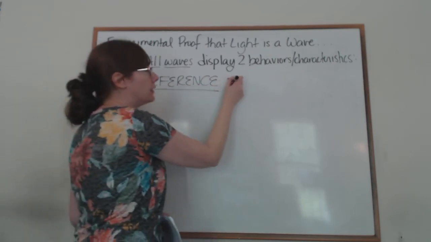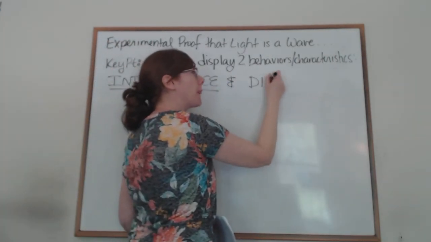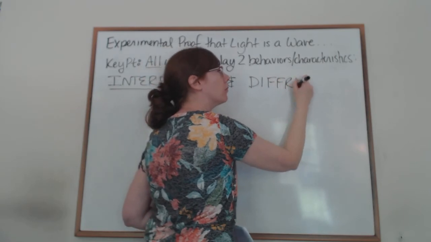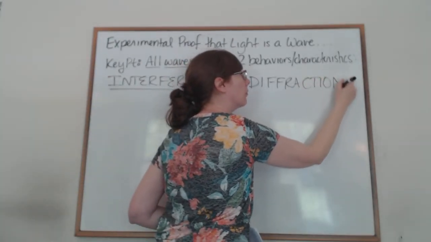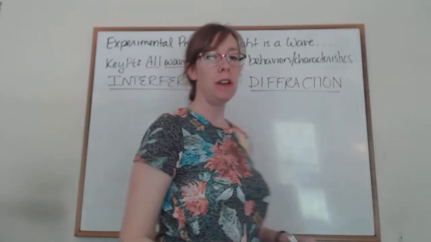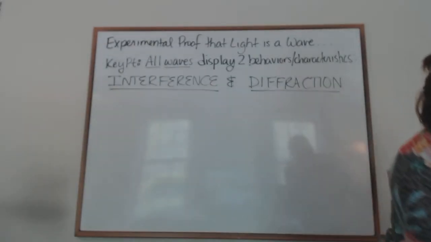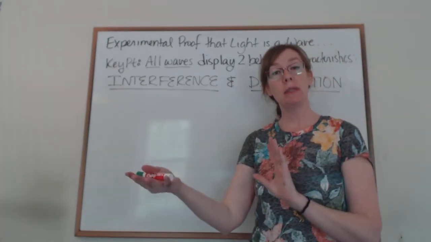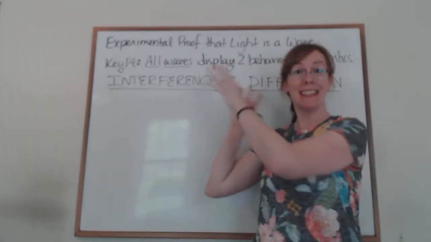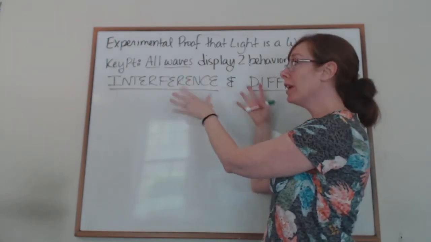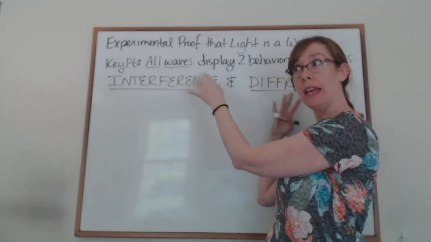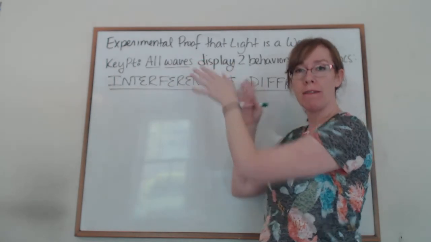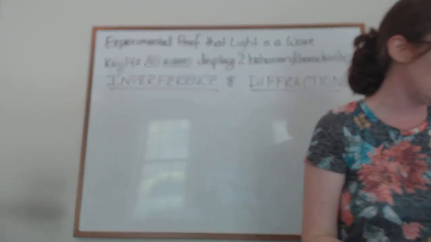And the second is called diffraction. Interference and diffraction. So let's talk about what these two behaviors are, and then we're going to show you the experiment that proves that light does these exact same things. So therefore, if this is something waves do, and light does it also, light must be a wave. That's kind of the logic that scientists are using here.